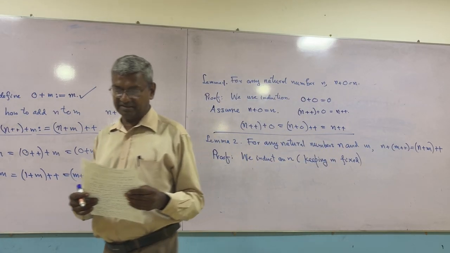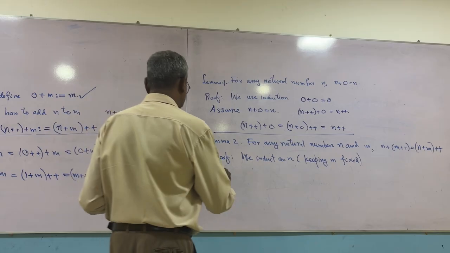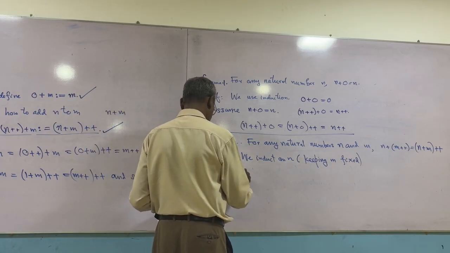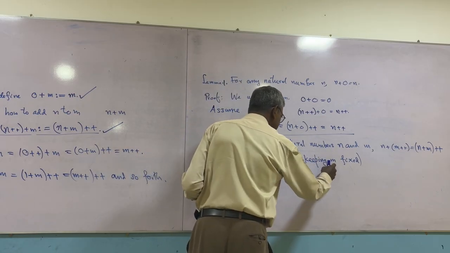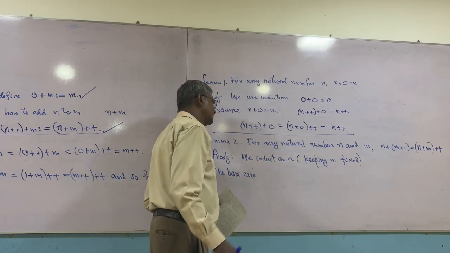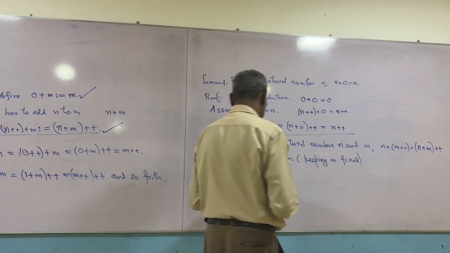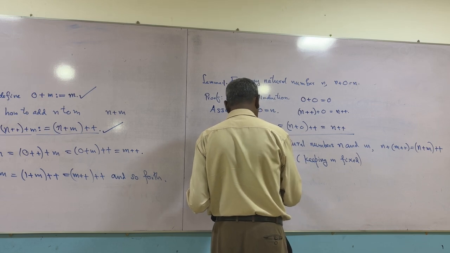It won't change. So now the base case. Let's see whether we can prove it. We fix m and n goes 0, etc. So base case, we have to prove.